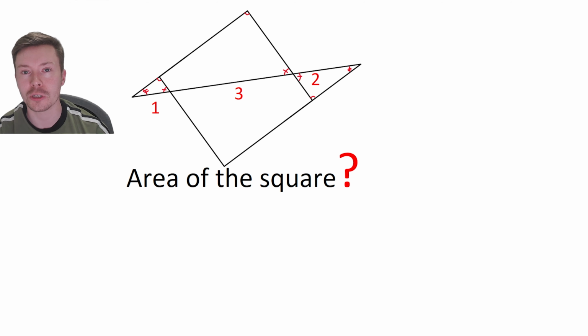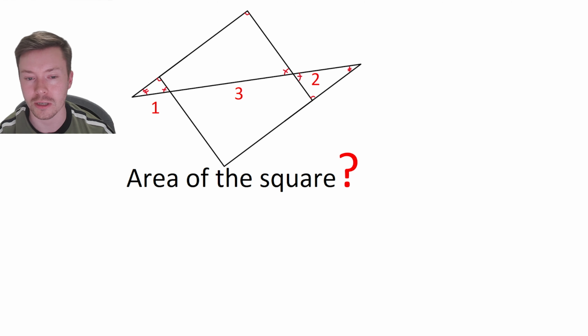Once you've got those similar triangles, I need to start labeling the sides, giving them a letter. So let's call this side here X. That's the height of the right hand triangle with hypotenuse 2. I'm going to use the scale factor.